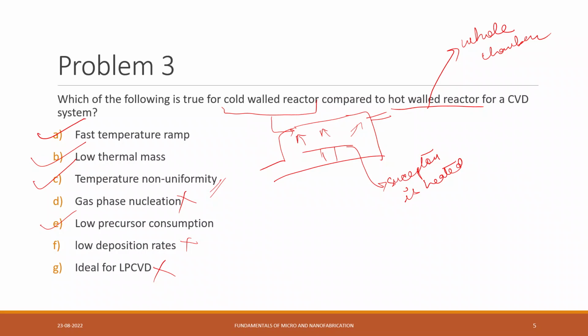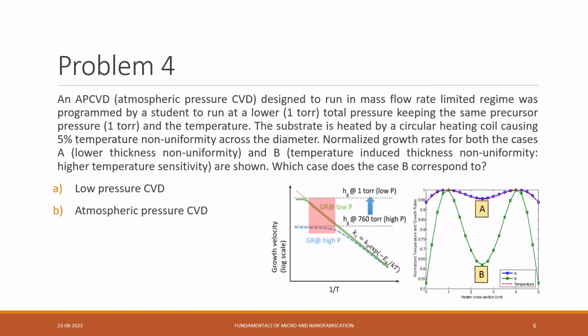Okay, if there are any doubts, you can ask. Otherwise, we'll go to the next. So this is problem 4. An APCVD system is designed to run in the mass flow rate limited regime, which was programmed by a student to run at lower temperature, having the same precursor pressure and temperature. The substrate is heated by a circular heating coil, causing 5% temperature non-uniformity across the diameter.